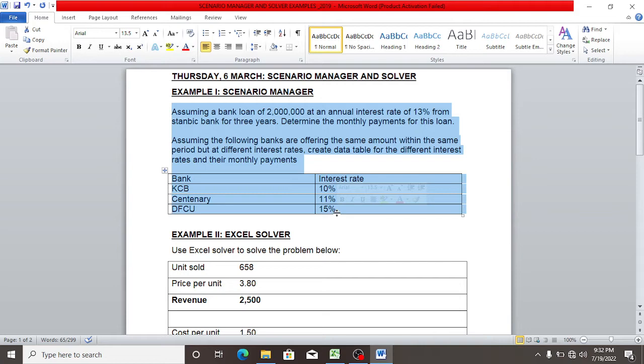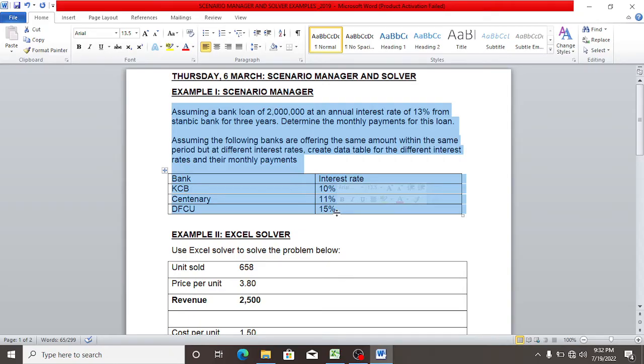Assuming the foreign banks are offering the same amount within the period but at different interest rates, create a data table for the different interest rates and their monthly payments.